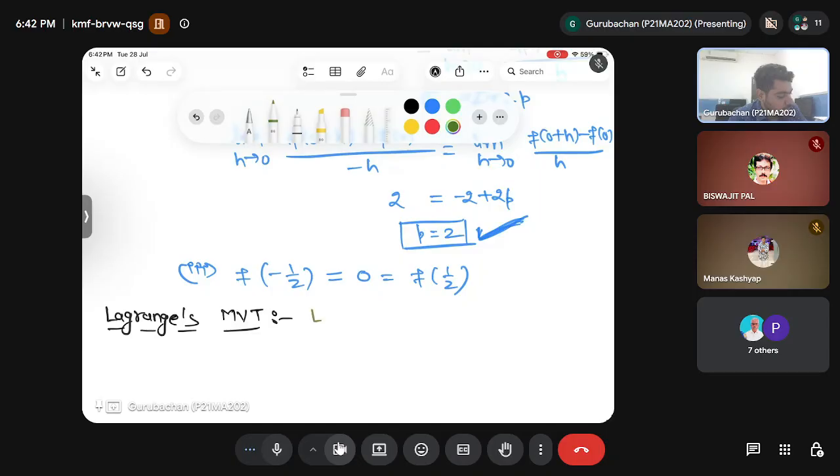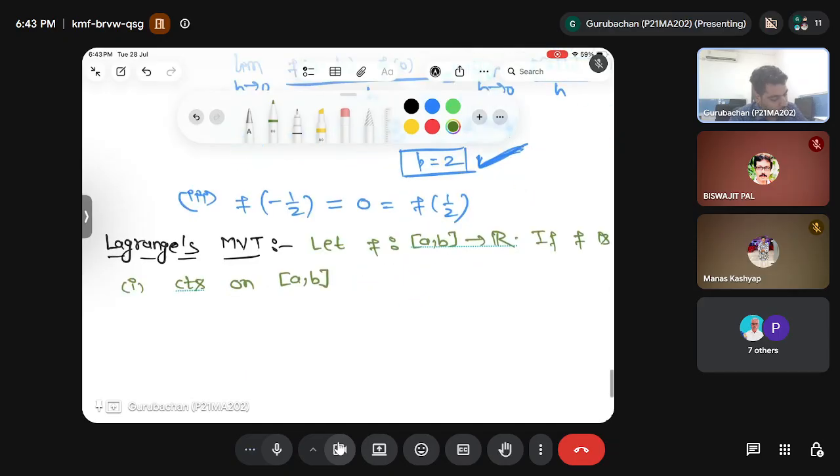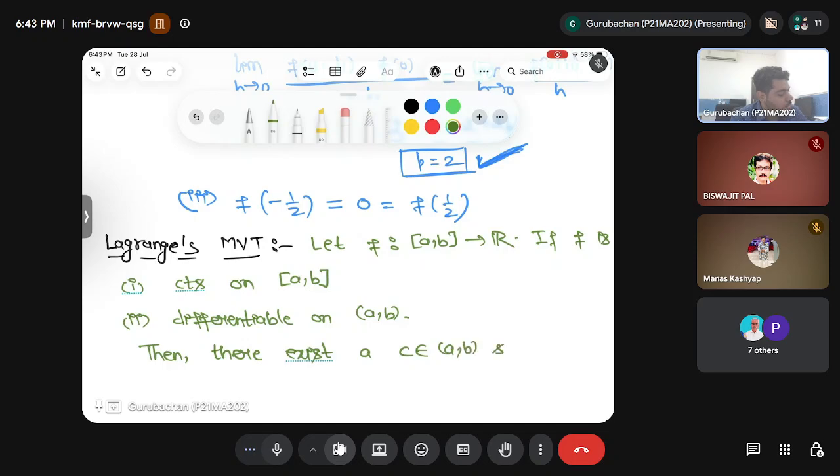So what does this statement say? It states that let f be any function from the closed interval [a, b] to R. If f is, first one, continuous on [a, b], second one, differentiable on the open interval (a, b), then there exists a c in (a, b) such that f of b minus f of a divided by b minus a is equal to f dash of c.